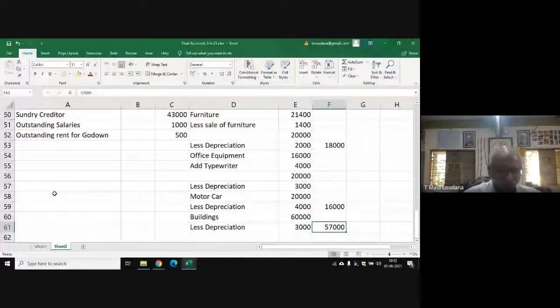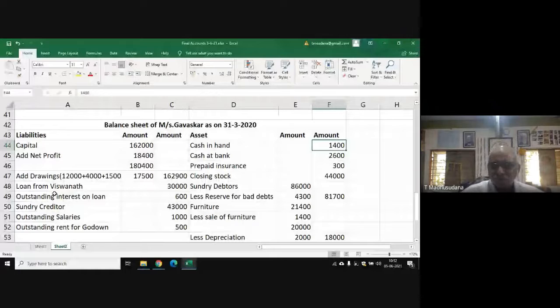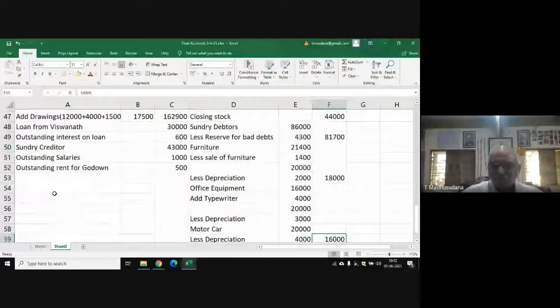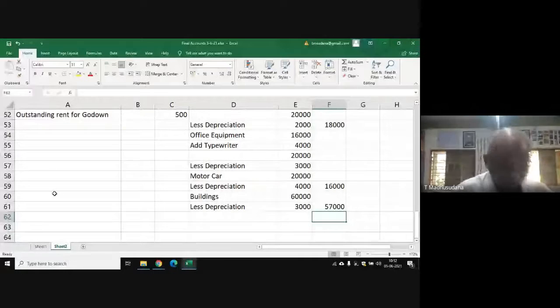So these are the assets that appear on the asset side of the balance sheet. In this way, liabilities and assets are to be shown after making all adjustments. Now, if you add together, the total would be 2,38,000.